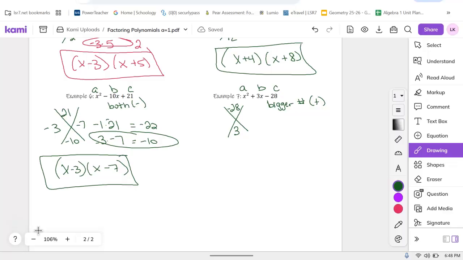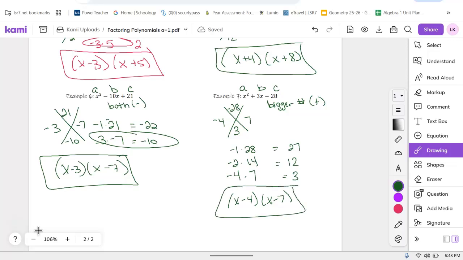So let's see, negative 28, I have negative 1 times 28, negative 2 times 14, negative 4 times 7. Add, this is 27, 12, and 3. Negative 4 and 7. x minus 4, x minus 7. Oh, x plus 7, my apologies.